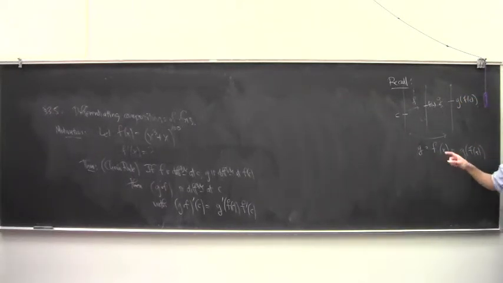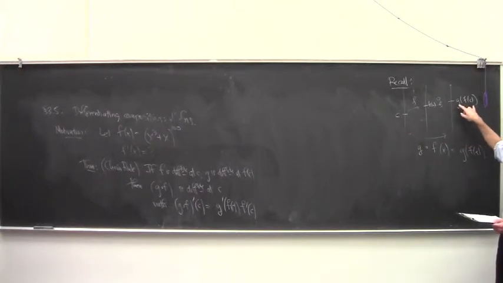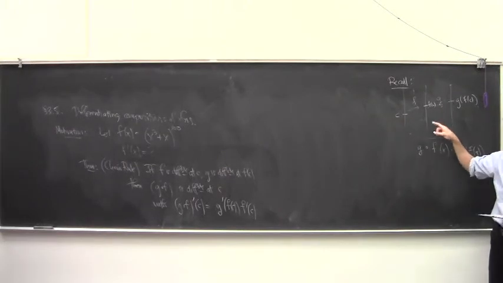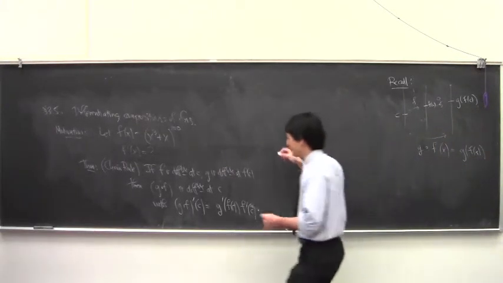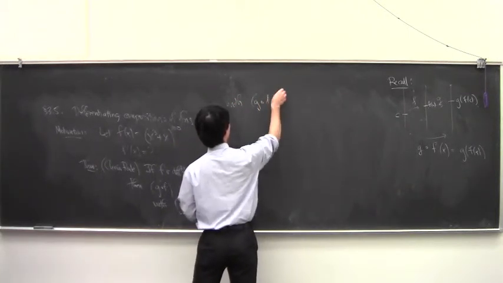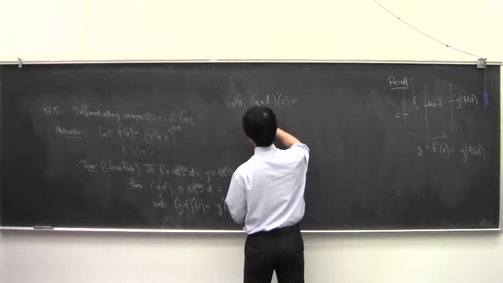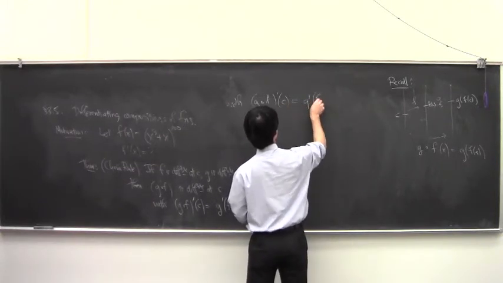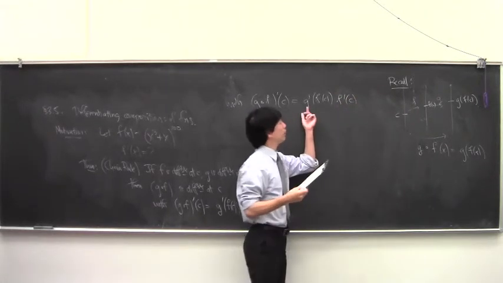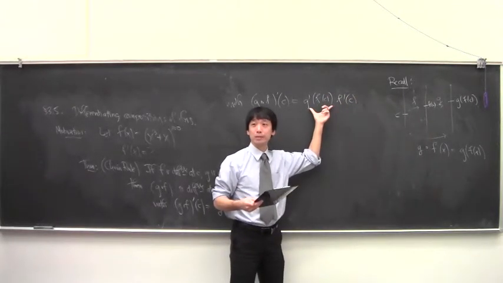And what the chain rule tells you is that the derivative of the composition at c is going to be the product of the derivatives. Can you see, Asha? The derivative of g of f is the product of the derivatives at the right places.